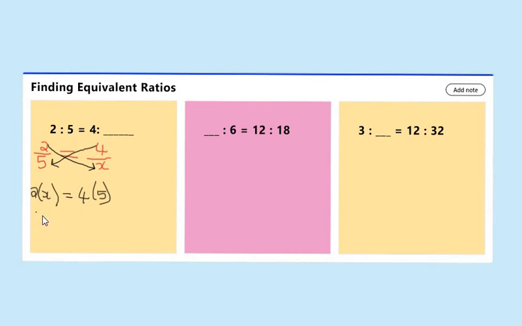So this simplifies to 2x is equal to 20. If we divide both sides by 2, we get x on the left-hand side, and we get 10 on the right-hand side. So that means that the missing value is 10.